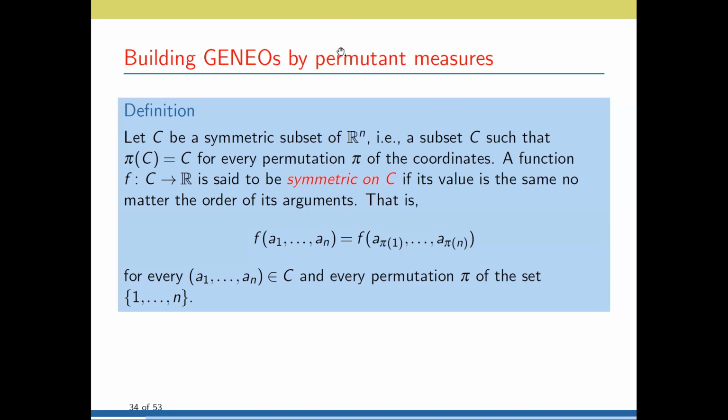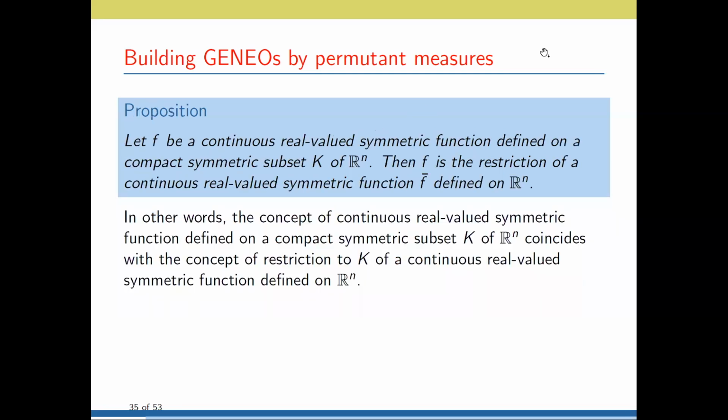Okay, so a function f from C to R is said to be symmetric on C if its value is the same no matter the order of its arguments. So this equality holds for every a1, ..., an belonging to the set C and every permutation pi of the set {1, ..., n}. Okay, so this is the definition of symmetric function.